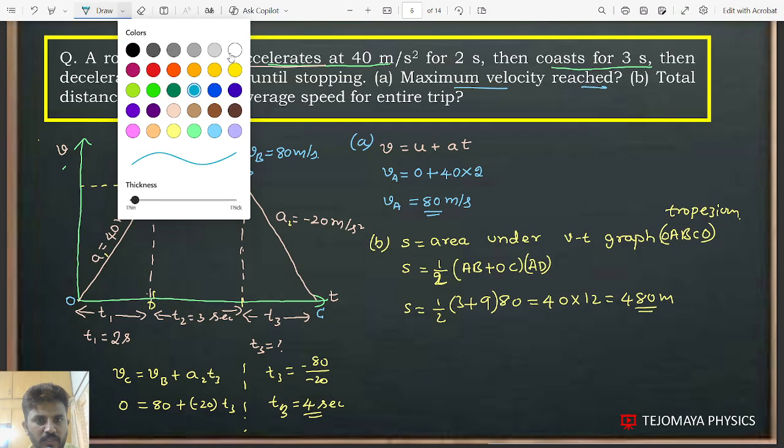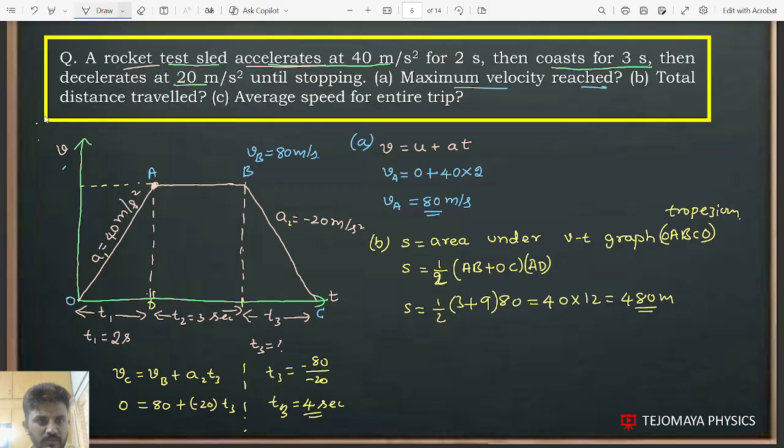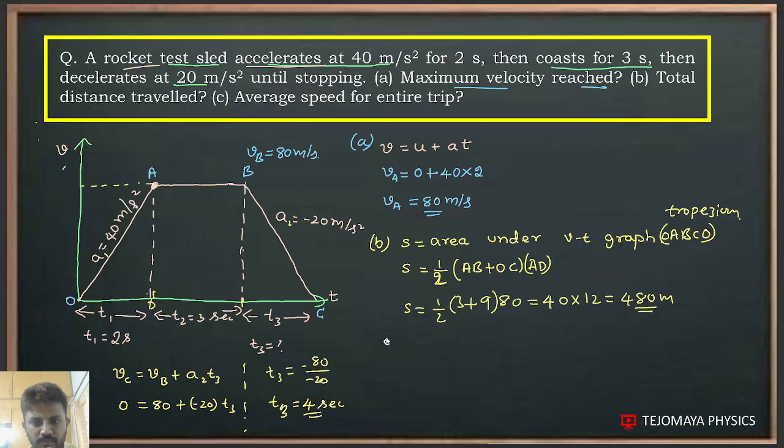And moving on to the last question, that is C. What is the average speed for the entire trip? Average speed is given by total distance traveled divided by total time taken. Total distance traveled is 480.